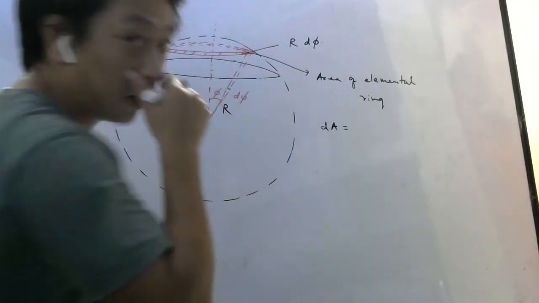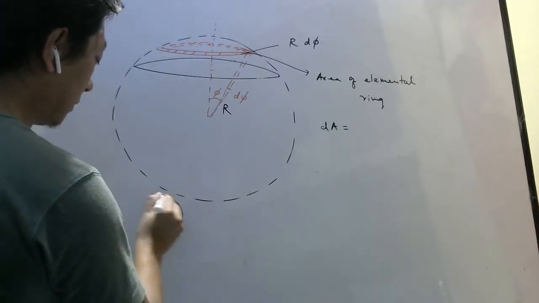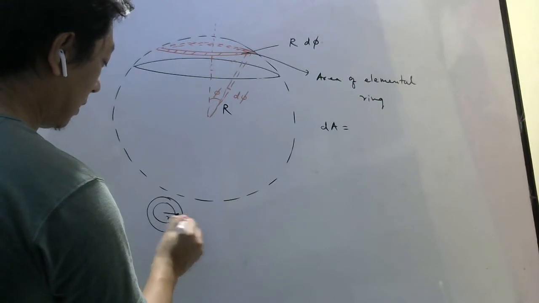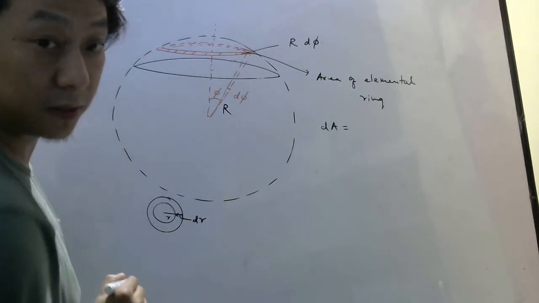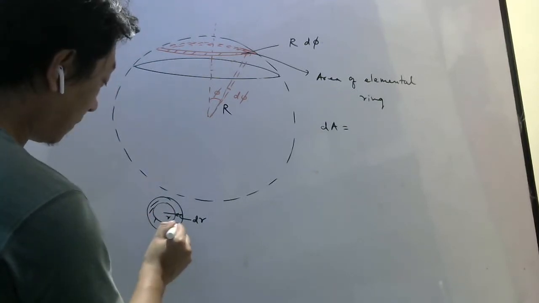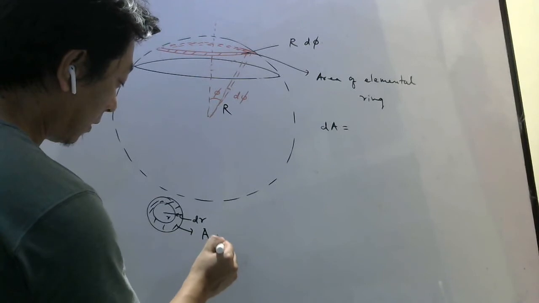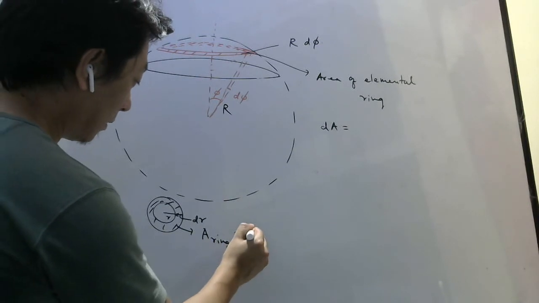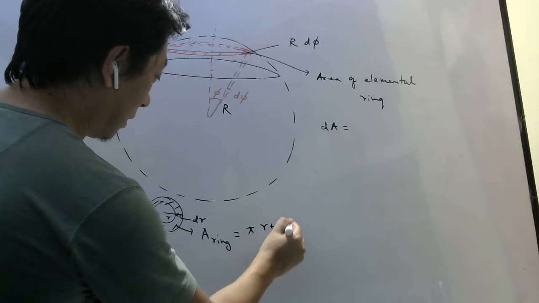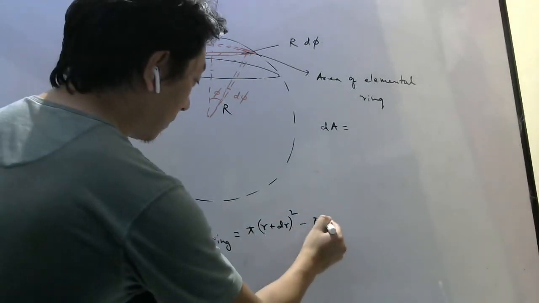That will be equal to how much now? For a ring, if this is r and this is dr, very thin, thickness is very small, then what will be this area? Area of this ring I can write as pi (r plus dr) square minus pi r square. Yes or no?